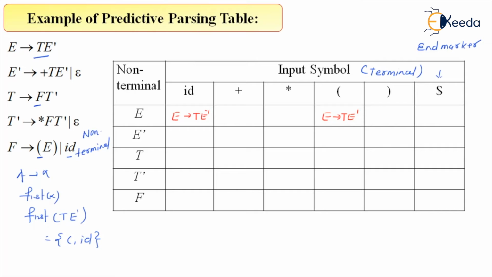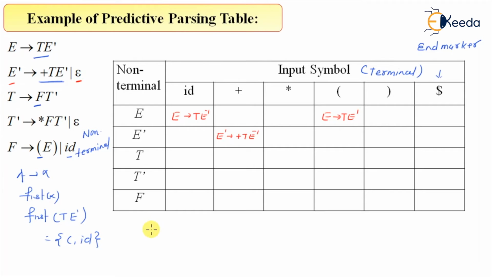Next, your production is E dash derive plus T E dash, and the first symbol is clearly plus. So I'll put the entry E dash derive plus T E dash here. The next one is E dash derive epsilon. I'll come to this later, as epsilon has a different rule.